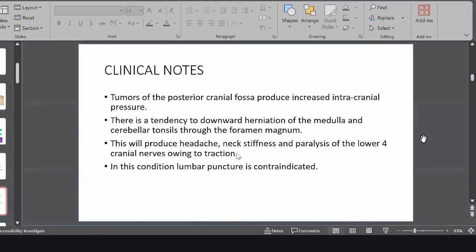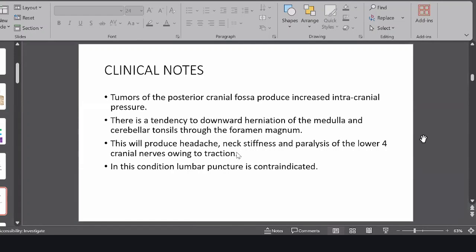What does it mean by contraindicated? Okay, in layman's language, I can just say you should not do this. Is that understood? Yes, understood. Contraindicated, meaning you are not supposed to do it.